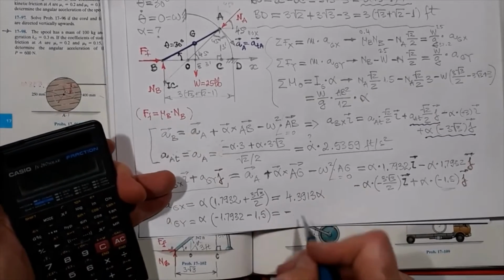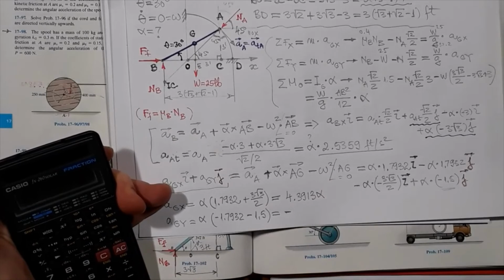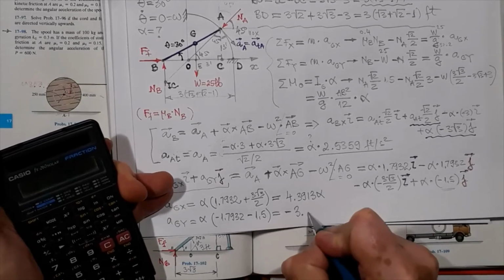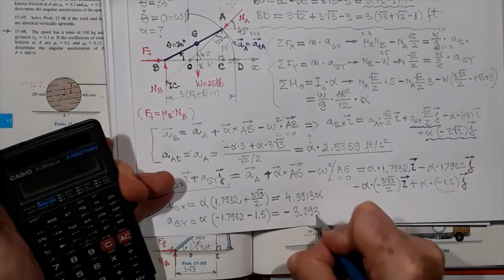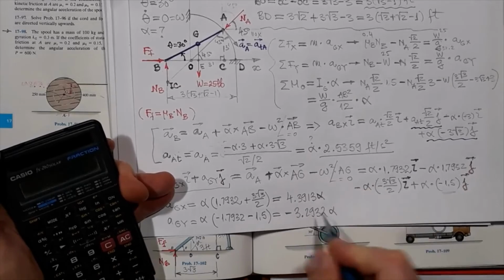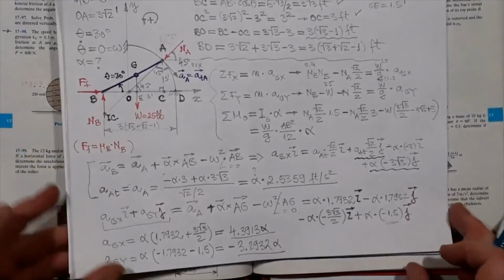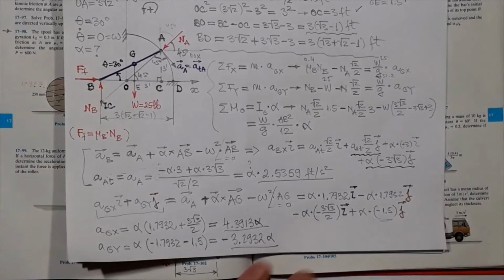And this other one will be a negative value, we said, so it's 1.7932 plus 1.5, that's negative 3.2932 alpha. Okay, so we've got the accelerations of the center of mass.